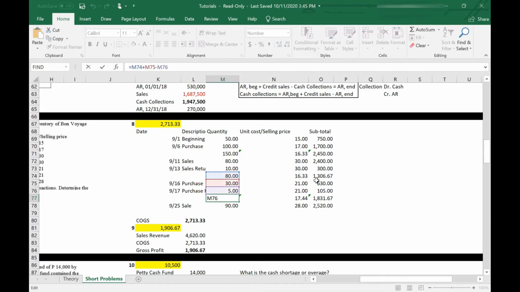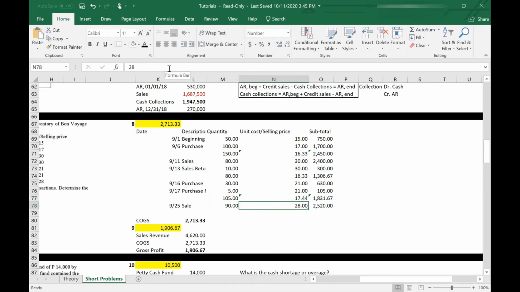So what's the moving average unit cost? 17 pesos and 44 centavos. Notice that whenever there's a purchase or purchase return, your moving average unit cost changes. But if there's only a sale or sales return, like in this example, your unit cost should not change. Again, under the moving average method, your unit cost should only change when there's a purchase or purchase return.